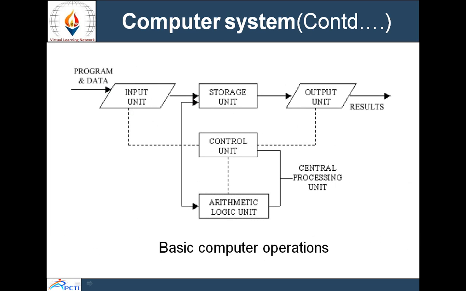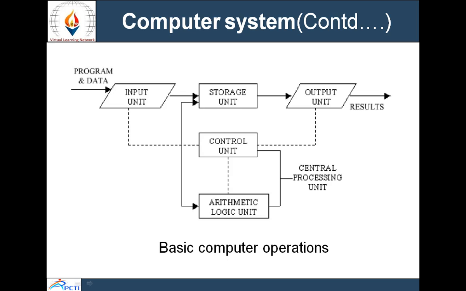This diagram shows basic computer operation. Here, input unit takes input, storage unit stores input data. ALU does not know what should be done with the data. Likewise, output unit does not know when the result should be displayed.